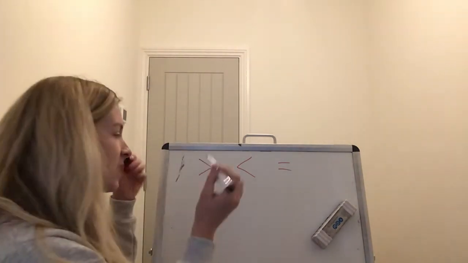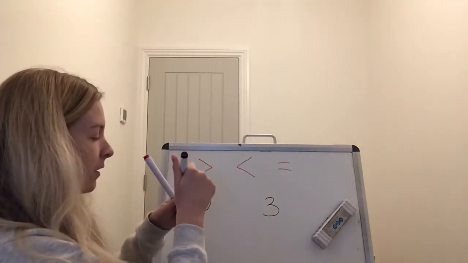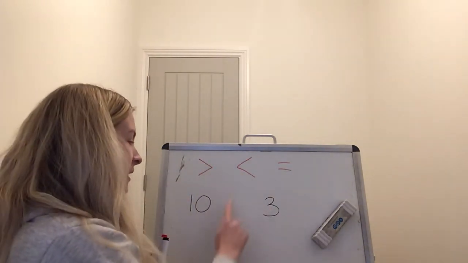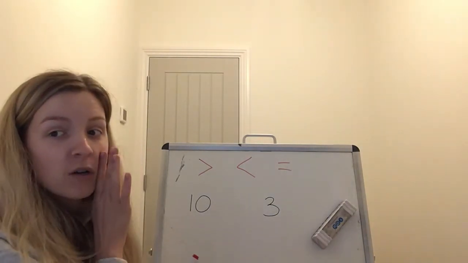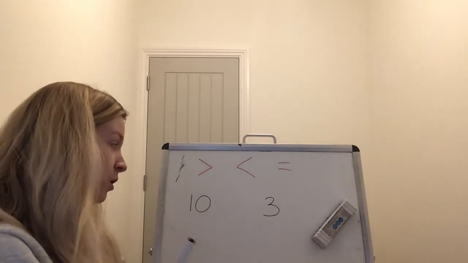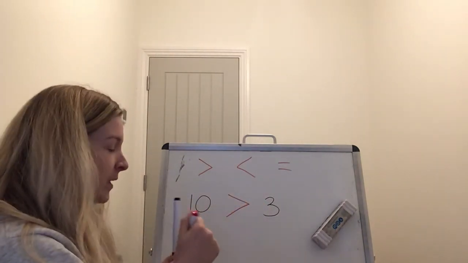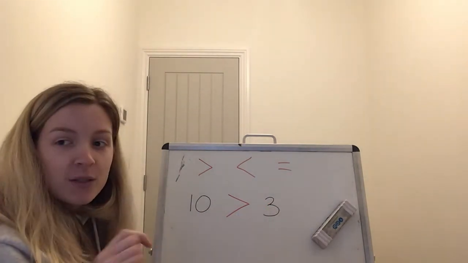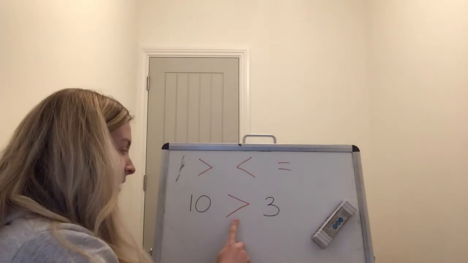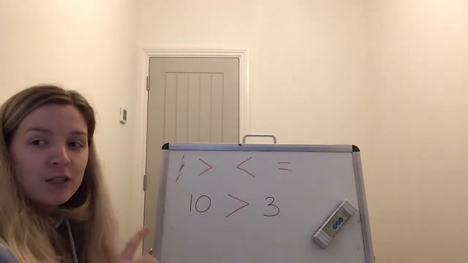So if I give you 10 and 3, which one of these is going to go in that gap? Remember, the crocodile chomps the bigger number. So, very hungry crocodile is going to eat number 10. 10 is more than 3. You say it. 10 is more than 3. Okay, let's try a different one.